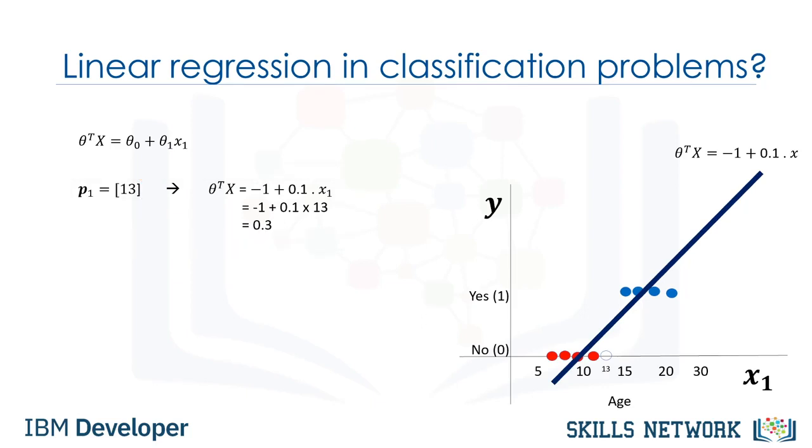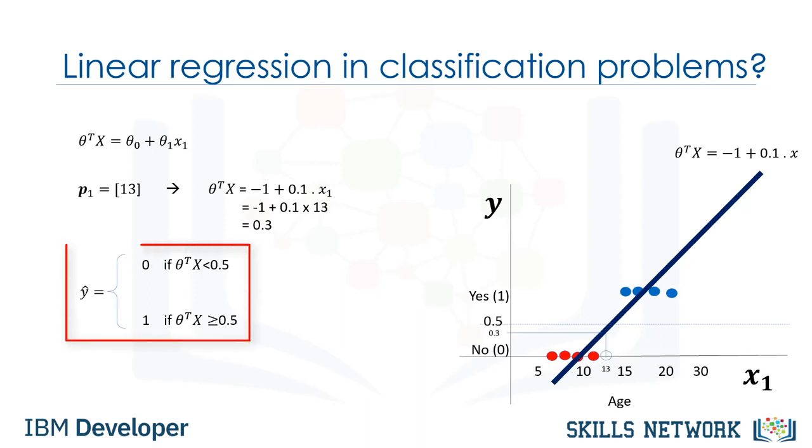For instance, for the P1 point, we have theta transpose x equals -1 plus 0.1 times x1 equals -1 plus 0.1 times 13 equals 0.3. We can show it on our graph. Now we can define a threshold here, for example at 0.5, to define the class.